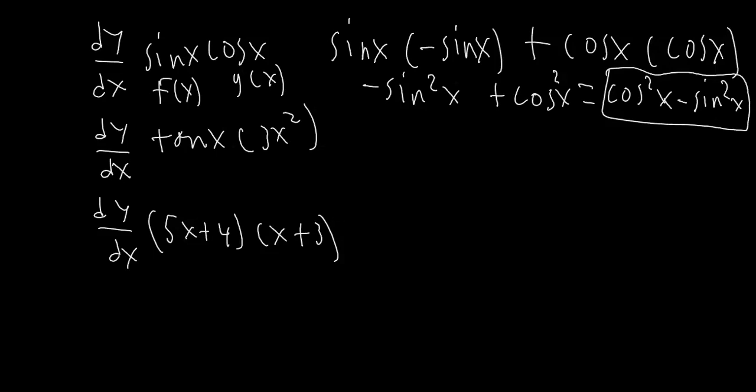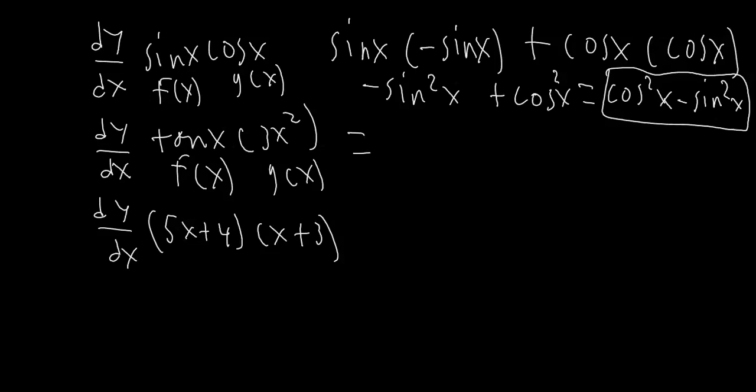Now we have tangent of x times 3 times x squared. Again, we make f of x tan of x, and g of x 3 times x squared.